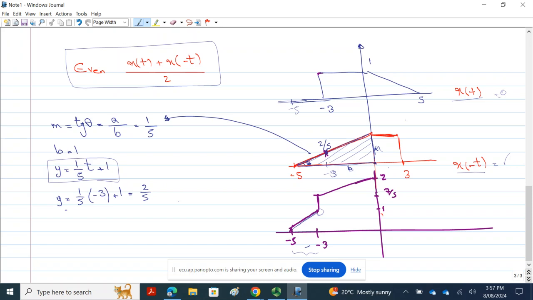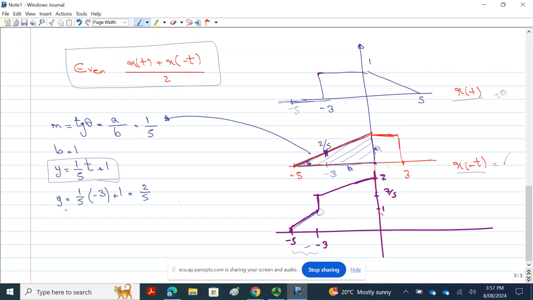Or let's take minus 5. Put t equal to minus 5 here. It gives you 0. So it doesn't matter what time you put in, it gives you the value.